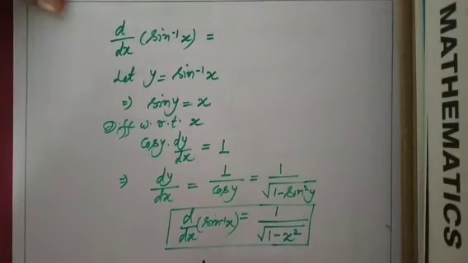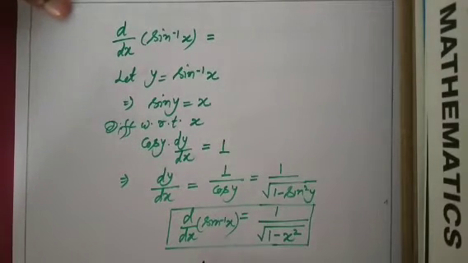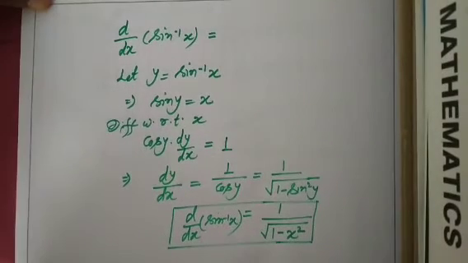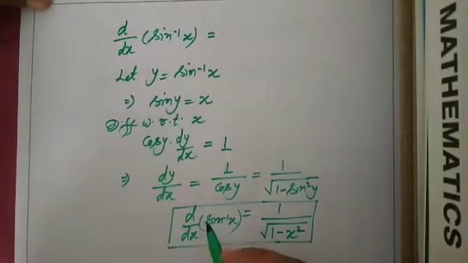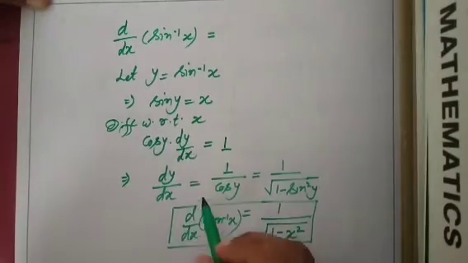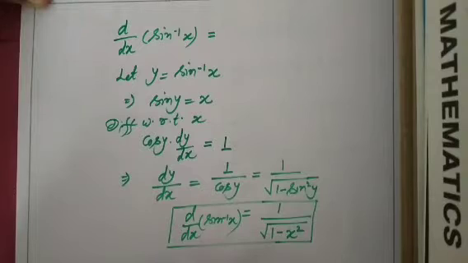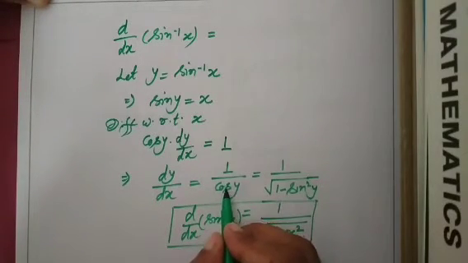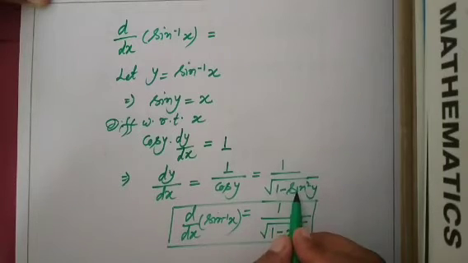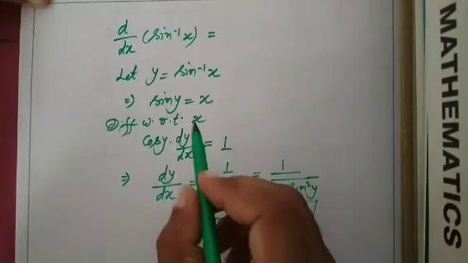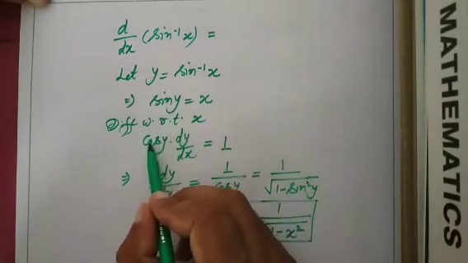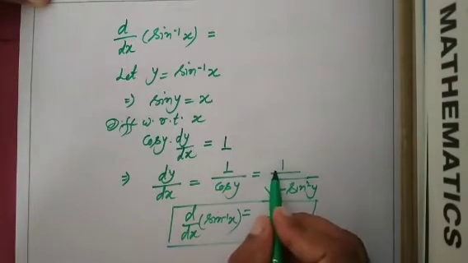This way we can find the derivatives of the other inverse functions too, by converting them into simple trigonometric functions. Just like sin inverse x, we can find cos inverse x in exactly the same manner. The only change is that sin y comes, which you convert into 1 minus cos square y, and then substitute the cos value. Since the derivative of cos y is minus sin y, a negative comes in.